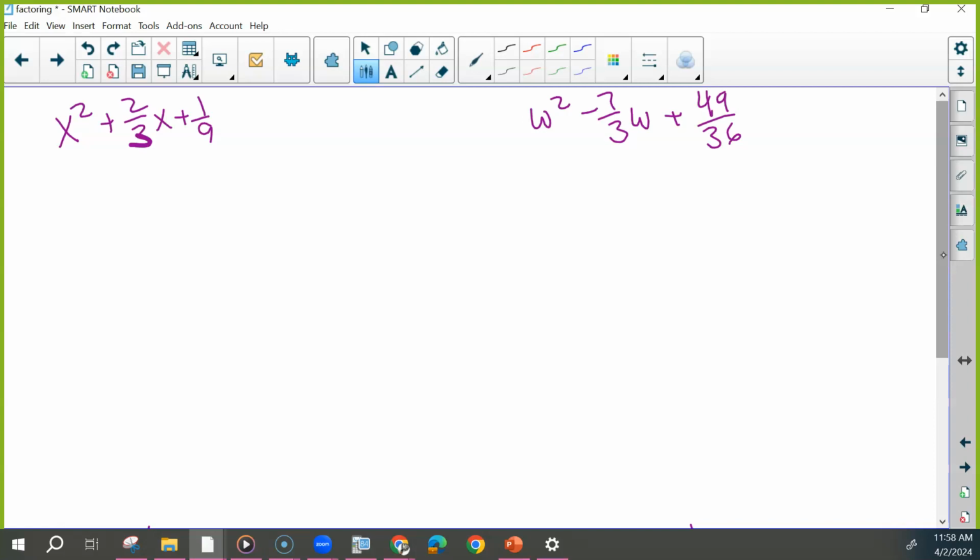So whatever this denominator is, you're going to multiply the entire thing by that number. We're going to multiply the entire thing by 9. And that's going to change all the values. So this will give me 9x squared. What's 9 times 2/3?